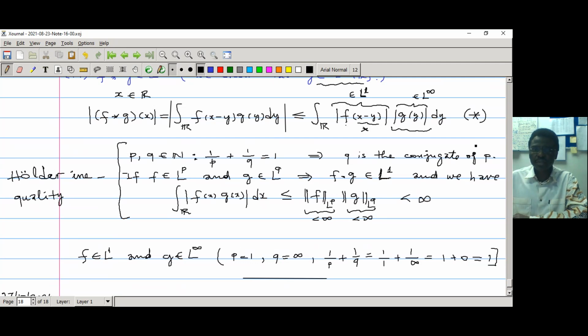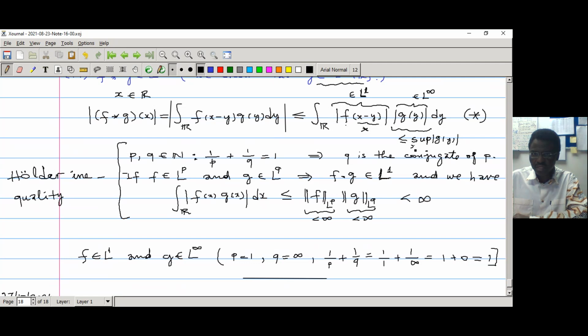Okay, from star, we know that this g(y) is less than or equal to, because it's in L infinity, the supremum over all y, because y here is taken throughout R. So for each y, it is less than the supremum of this.